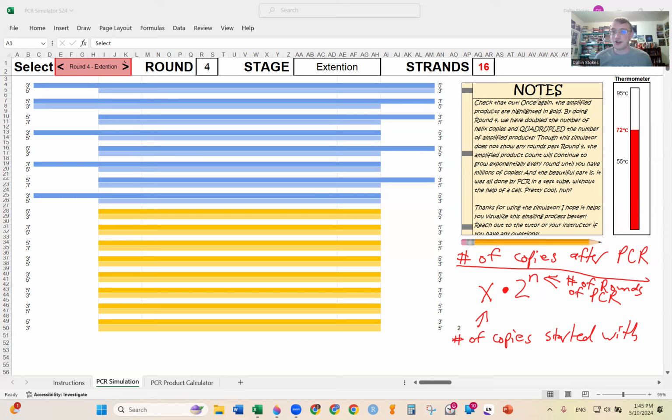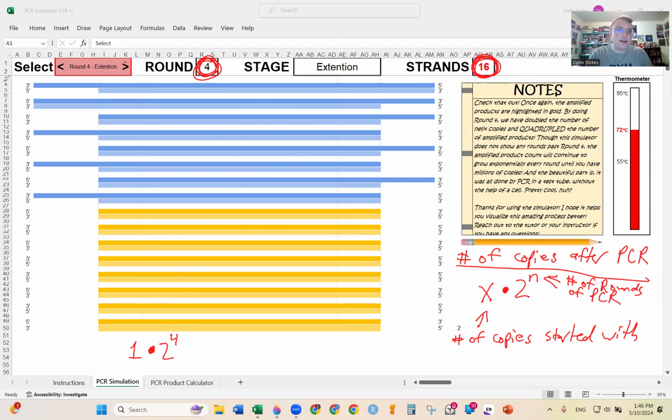So let me show you an example here. My computer program says that after I did 4 rounds of PCR, I've got 16 strands of DNA. Let's see if the formula tells me that. In my particular example, we started with 1 double-stranded piece of DNA, so X is 1. So my formula is 1 times 2 to the power of 4, since I did 4 rounds of PCR.